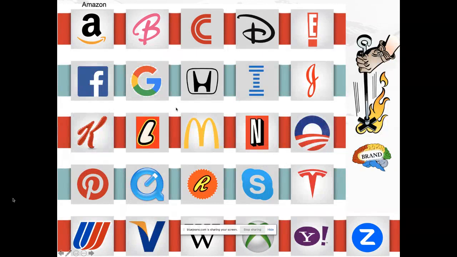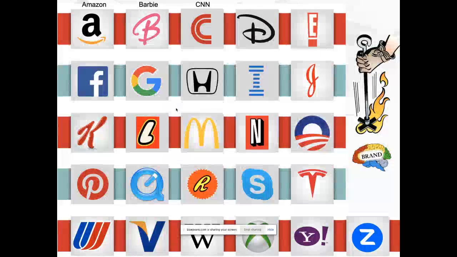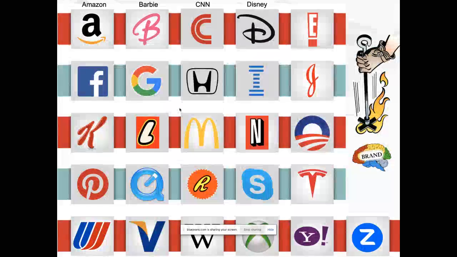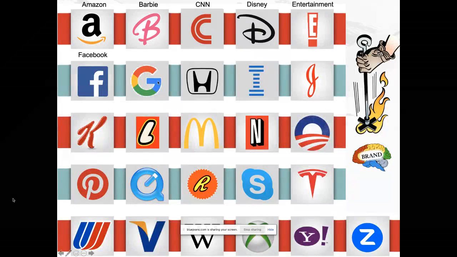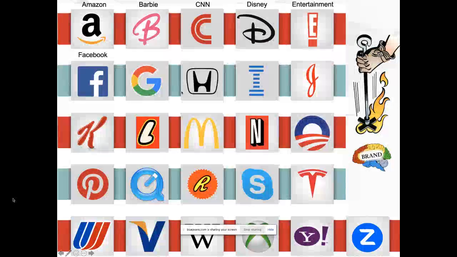Amazon. Amazon. Very good. B. Barbie. Great. C. CNN. D. Disney. Disney. Good. E. Entertainment Network. Very good. F. Facebook. G. Google. All right. H. Honda.